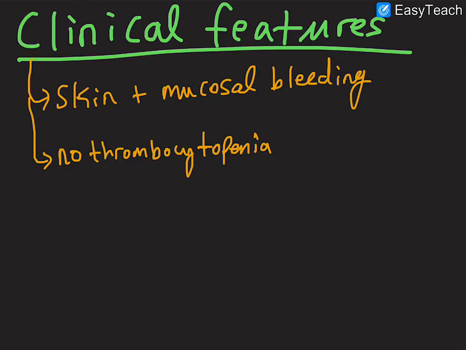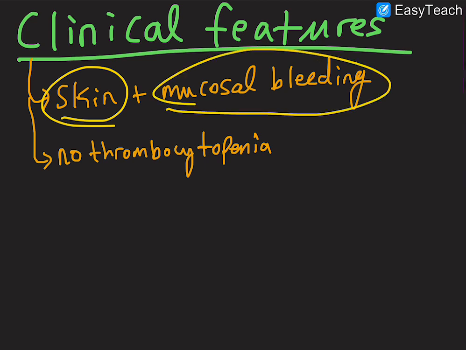If you can't have proper platelet aggregation, then you can't properly stop bleeding. So you may see things like skin bleeding and mucosal bleeding, like petechiae, purpura, ecchymosis, mucosal bleeding like epistaxis, hematuria, hemoptysis, menorrhagia, GI bleeding, and so on.